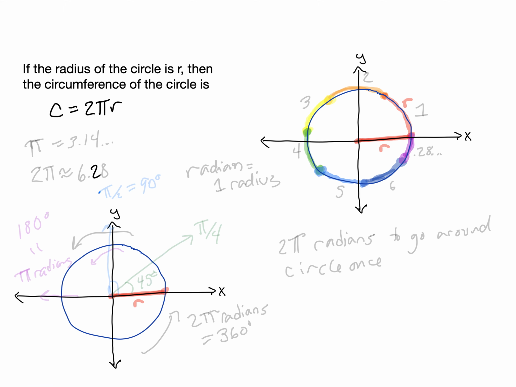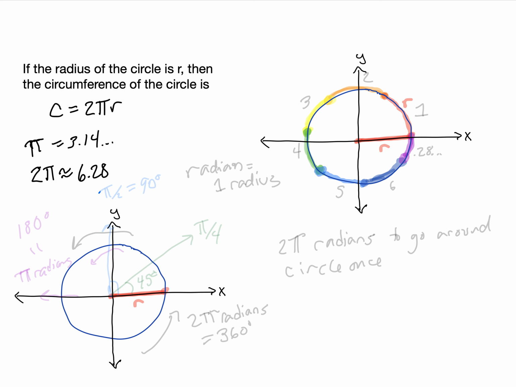Remember that an approximation we often use for pi is 3.14. We know that it's an irrational number that continues on and neither terminates nor repeats, but 3.14 is a decent approximation. So 2 times pi would be about 6.28.